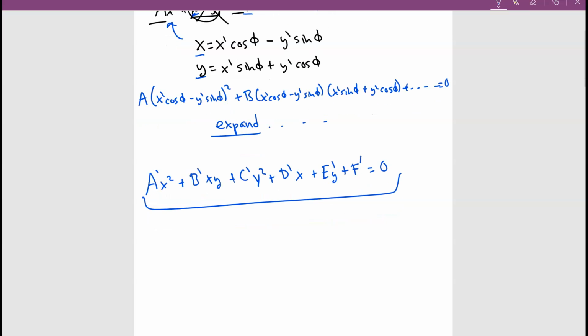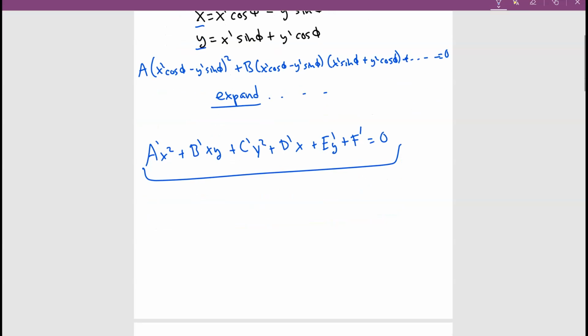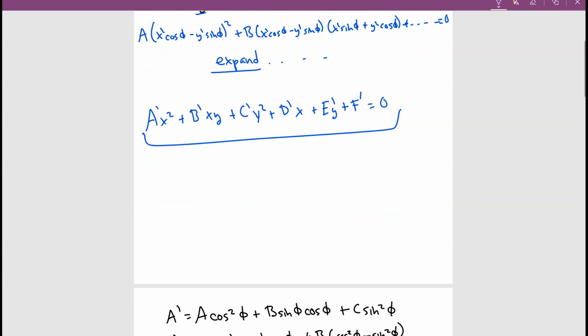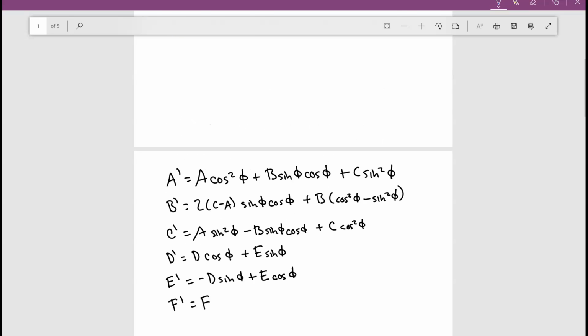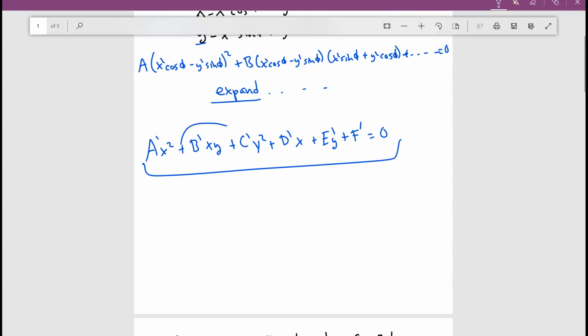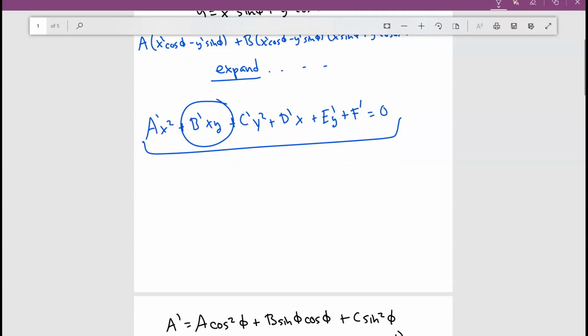Well, I wrote it down here for you: a prime, b prime, c prime, d prime, e prime, and f prime are equal to all of this. And no, you don't have to memorize these formulas, because this is only useful since we want to get rid of the xy term, because that's the thing giving us issues. We want to get rid of this new b prime xy term, because once it is gone, we have something that we can try to rotate.